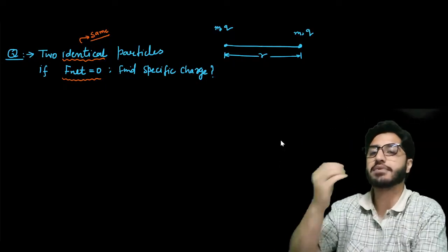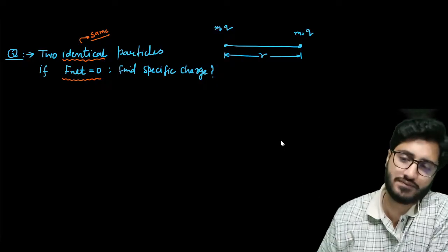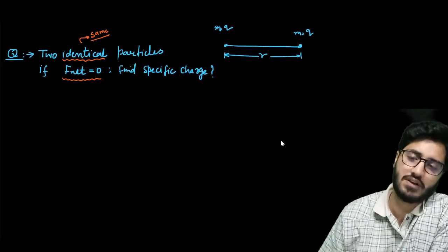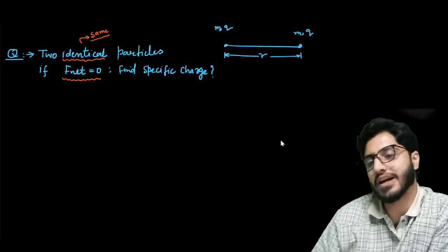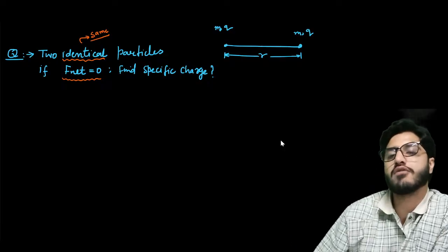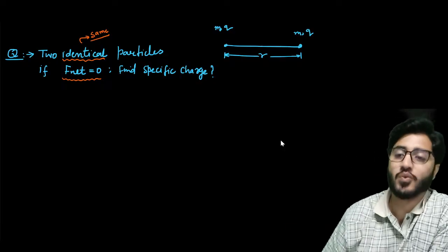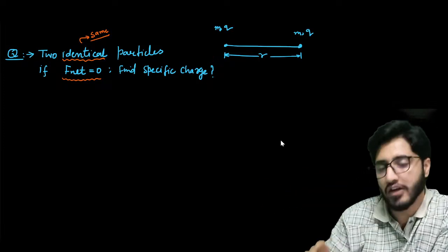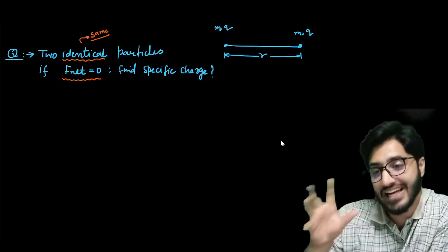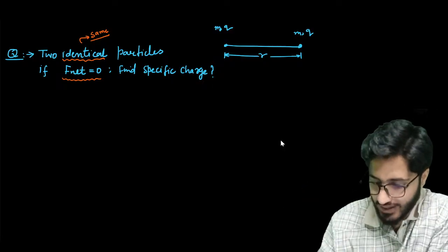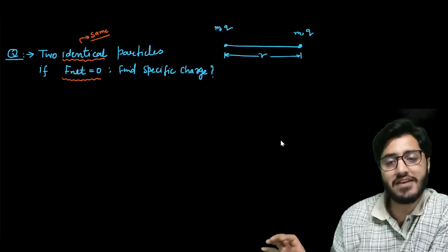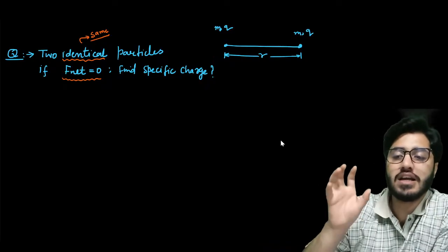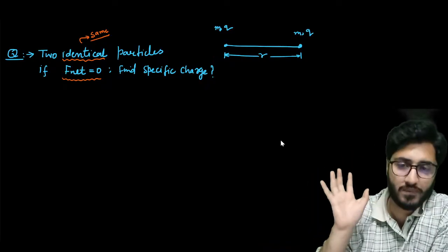Let us suppose I am giving you 2 rupees. Then in the second minute I gave you 5 rupees. So what is the net amount you will have in your hand? Sir, 2 plus 5, 7 rupees. So 7 is the net. In the same way here, we need the net force to be 0.